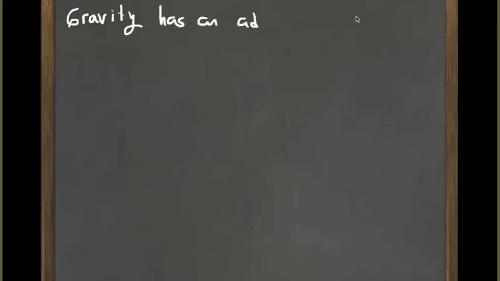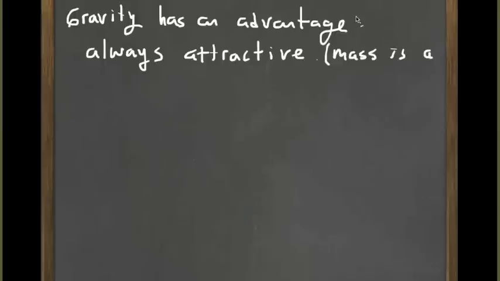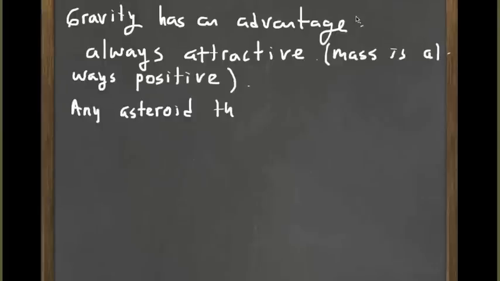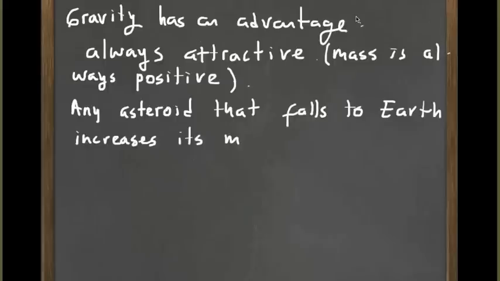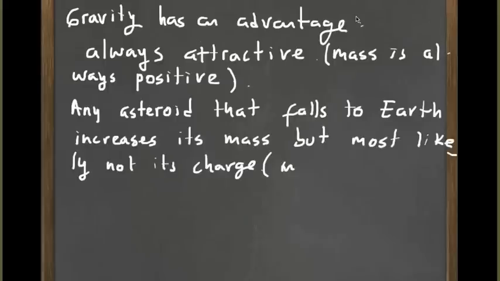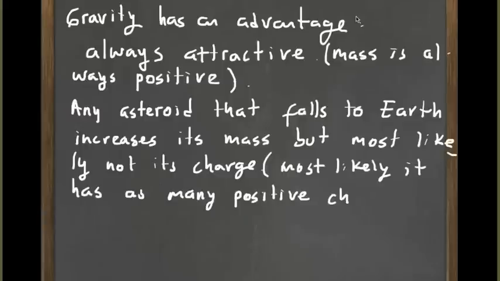Now gravity, however, even though it's weak, has an important advantage. Gravity is always attractive, which is related to the fact that mass is always a positive number. Any asteroid that falls to Earth, for example, would increase the mass of the Earth, but most likely it will not change the electric charge of the Earth. This is because this rock falling on the Earth probably has as many positive charges as it has negative ones.